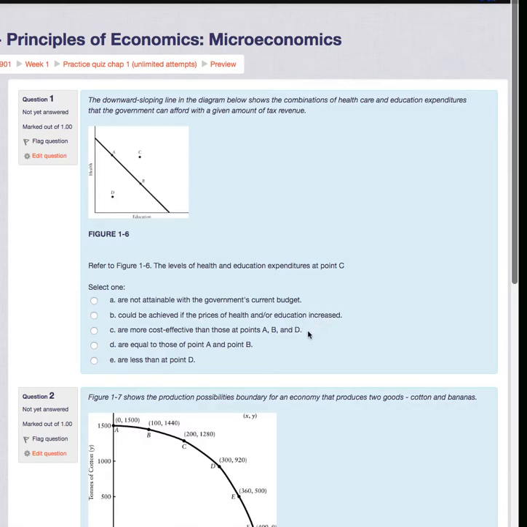Well, actually, we'll see in the chapter on budget constraints and indifference curves, the appendix to chapter 6, that if the prices of both were to increase, it would actually move this budget constraint or this production possibilities frontier inward. But all in all, we're just trying to find something that says that it's infeasible.